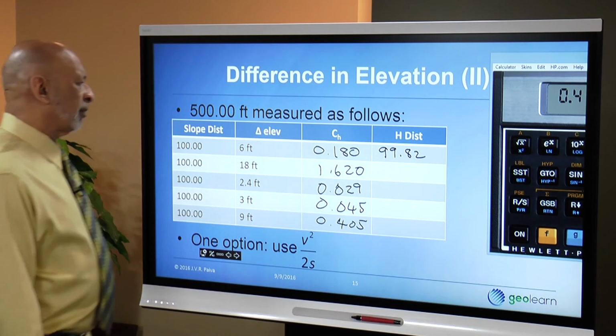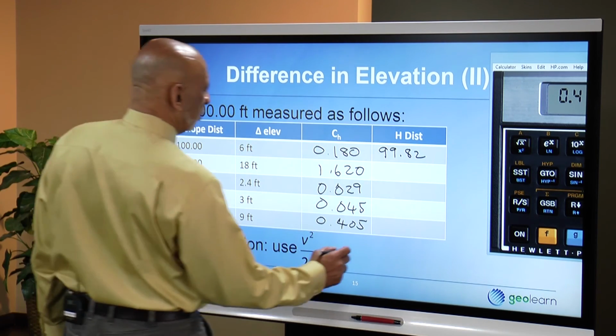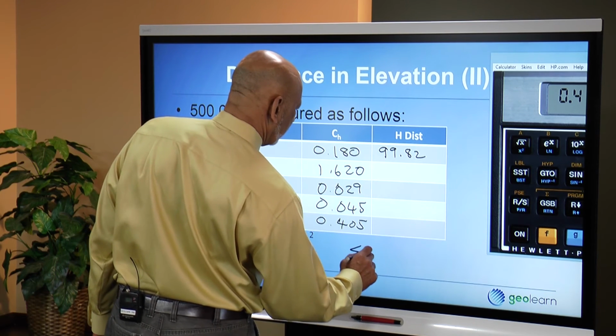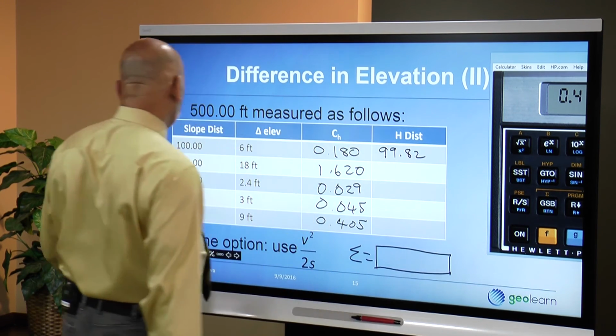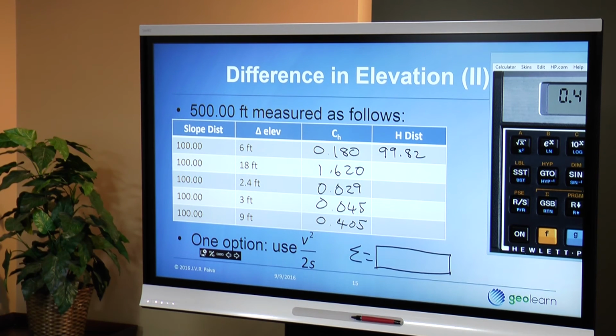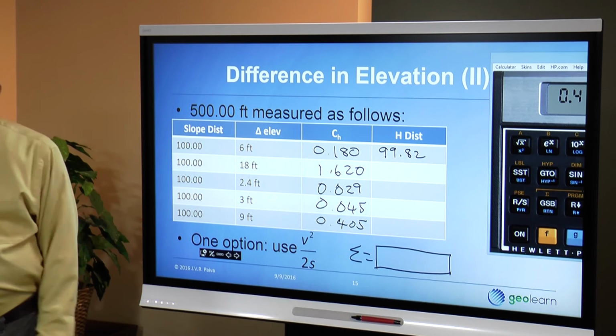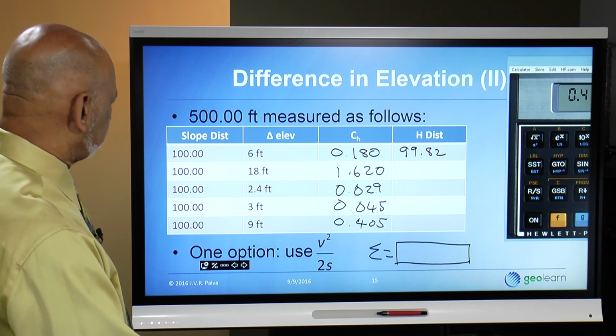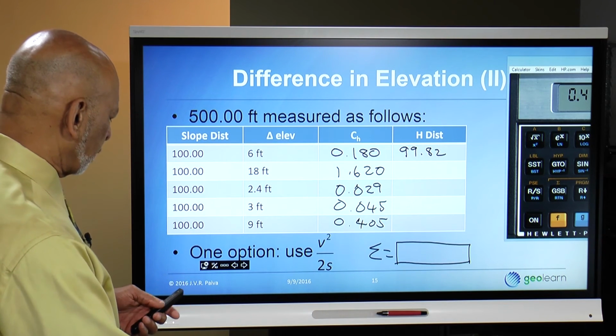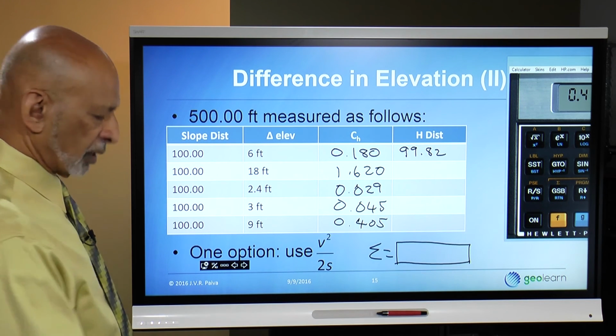So I'll let you figure all these out, and then you can sum them to get the total horizontal distance for this series of 5 100-foot measurements that were measured with different slopes, where the slopes were measured by determining the difference in elevation between the endpoints of that 100-foot line.